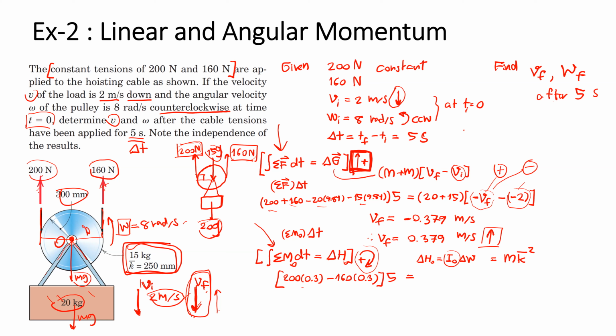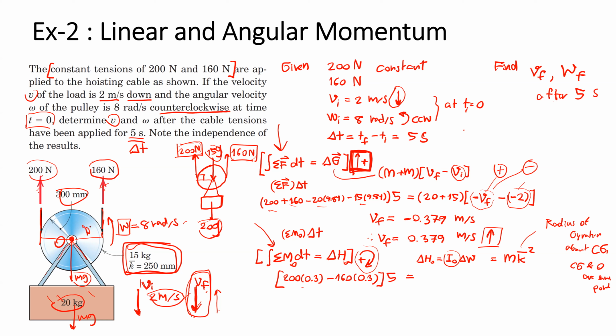K bar means the radius of gyration about CG. But luckily for the pulley, the CG and point O are the same point.